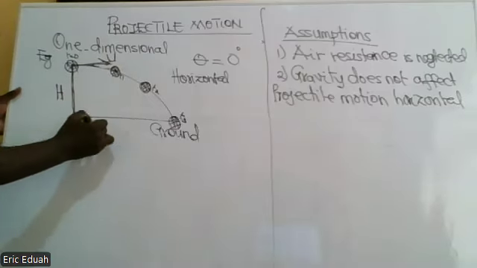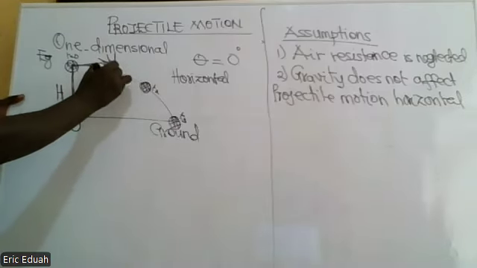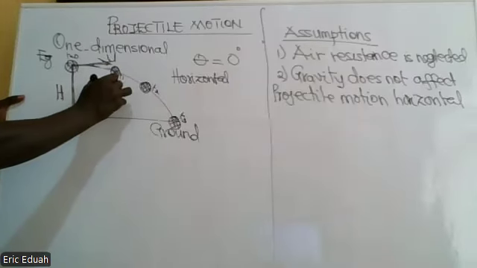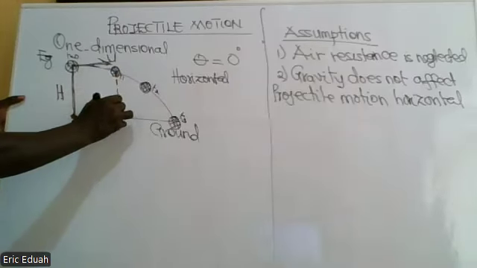If it's here and we want to measure how much it has been displaced from its horizontal location, let's assume this point is x1. Then when it was here, after time t2, we realize it has been displaced by this distance, x2.